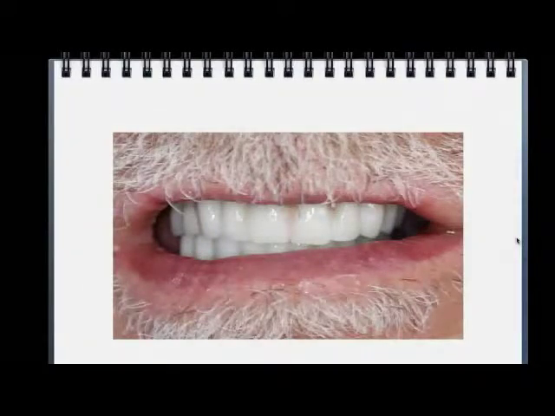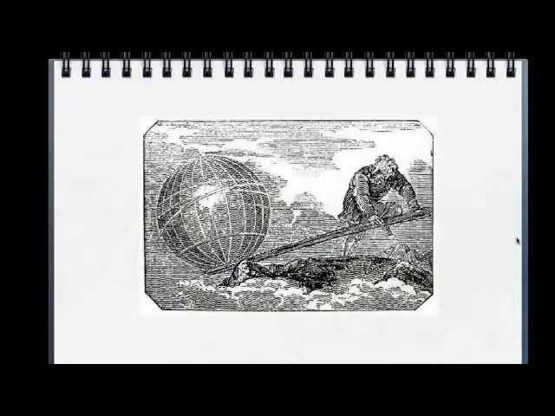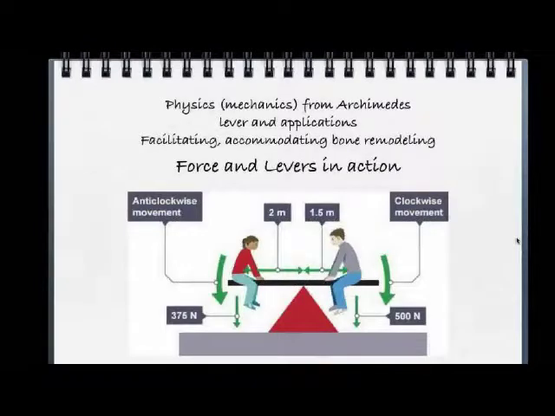And that's pretty much what we accomplished when we could combine all the information and learn all these different techniques to improve the primary stability of the implant and work with the leverage. Yes, this is Archimedes, and this is where we learn the physics and the mechanics from Archimedes: lever and force distribution and applications.